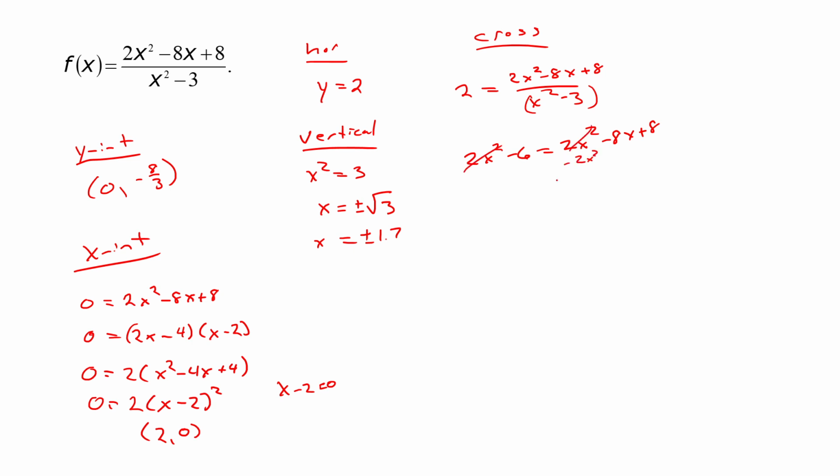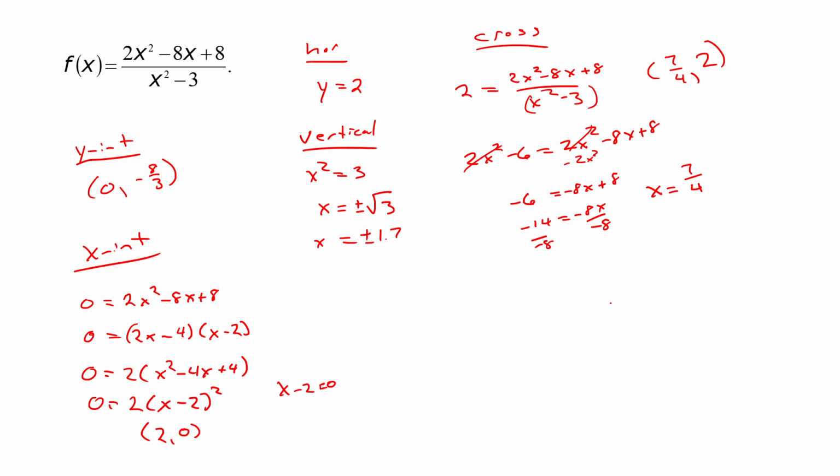They'll be gone. So now I have negative 6 equals negative 8x plus 8. Now solving this, divide both sides by negative 8. I get 7/4. Okay. So I do cross. So at the point 7/4, 2, I cross.